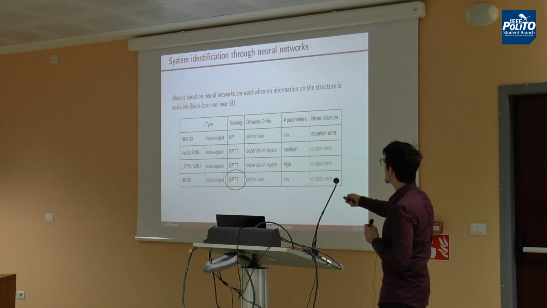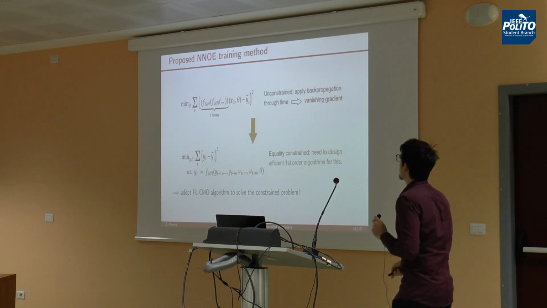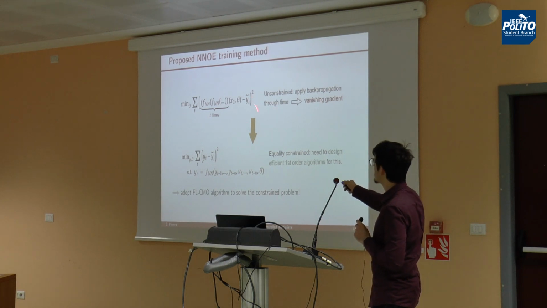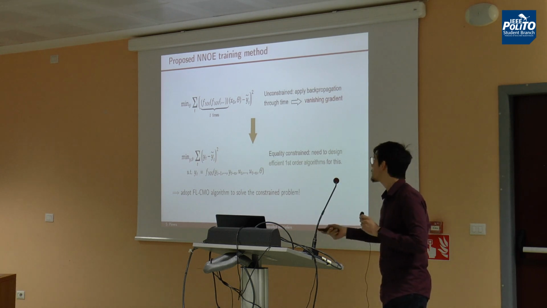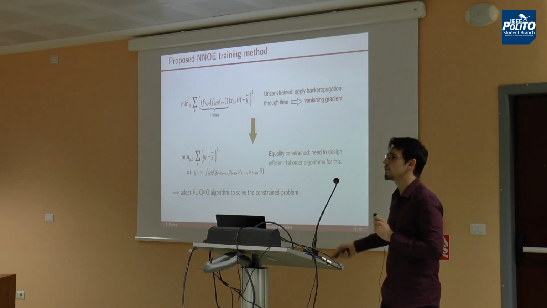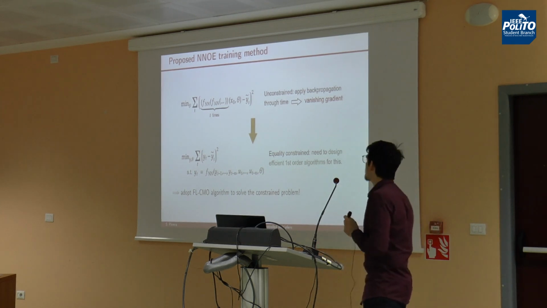But still, this model has the problem that in order to train it, we need to resort to an algorithm which is called backpropagation through time, which basically consists in the minimization of this cost function through standard backpropagation. And this unfortunately leads to the vanishing gradient issue, and therefore to poor performances of the final model.